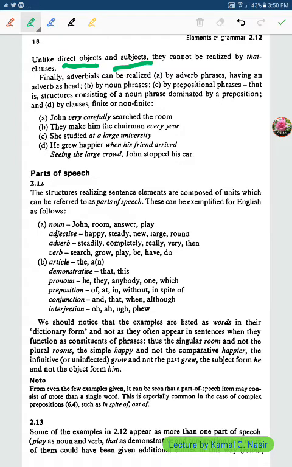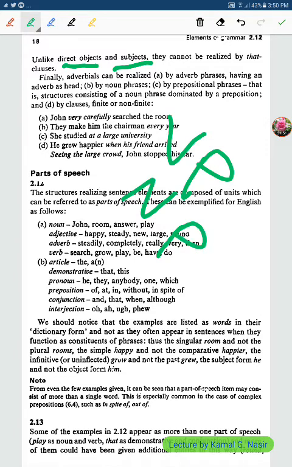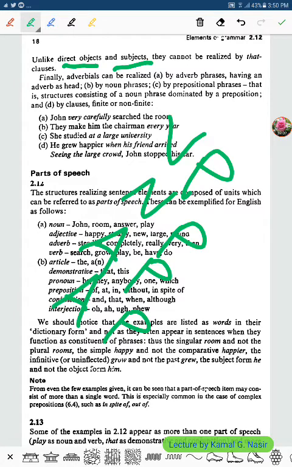So how many phrases do we have now? We have, for example, verb phrase, noun phrase, adjectival phrase, and adverbial phrase. These are the different phrases.